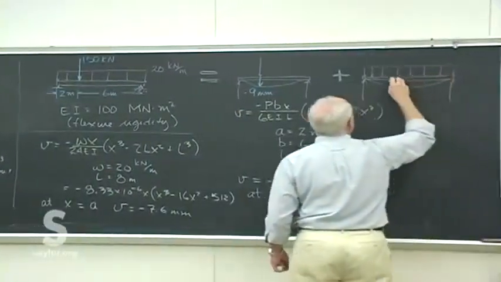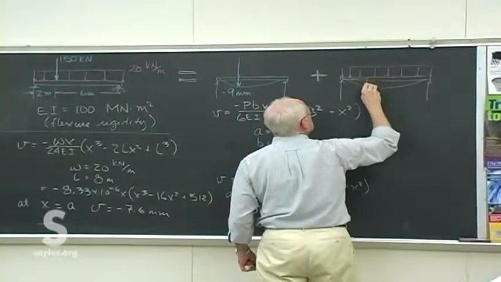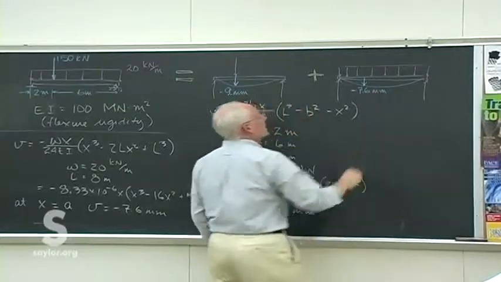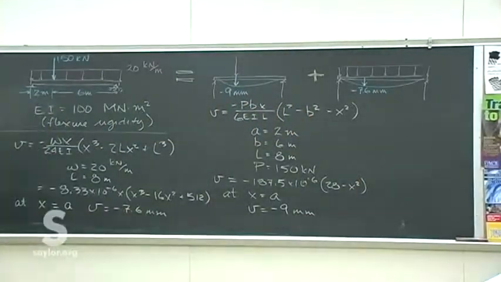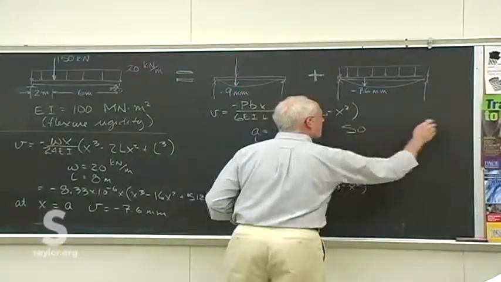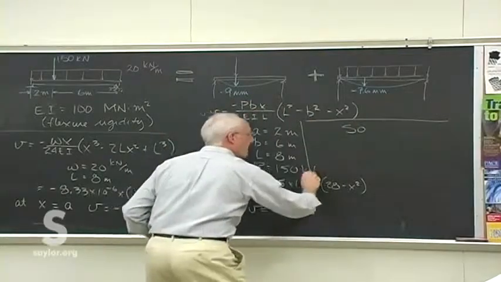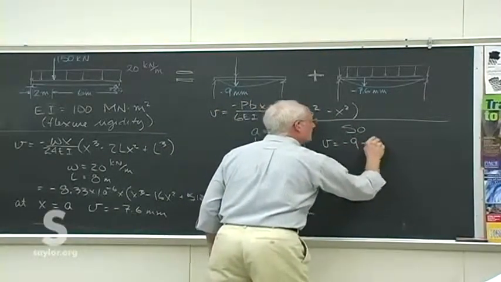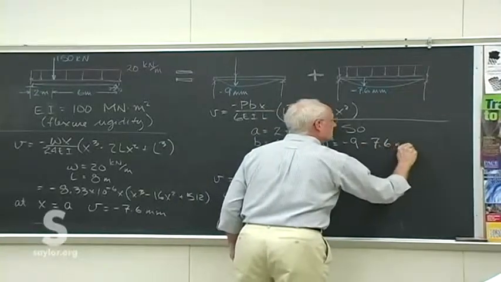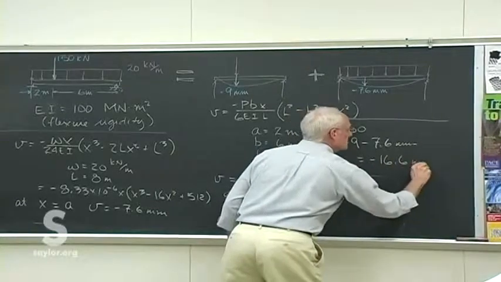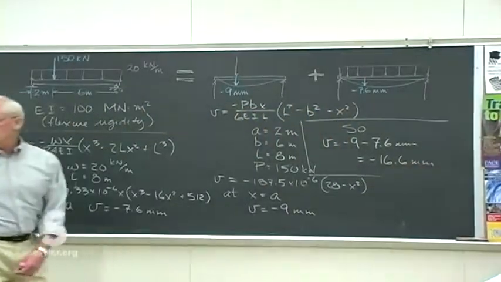And so as this beam deflects at a point 2 meters in, we get a deflection of minus 7.6 for that separate problem. We add the two together, so V is the minus 9 minus the 7.6 millimeters, which is minus 16.6 millimeters for the entire problem.